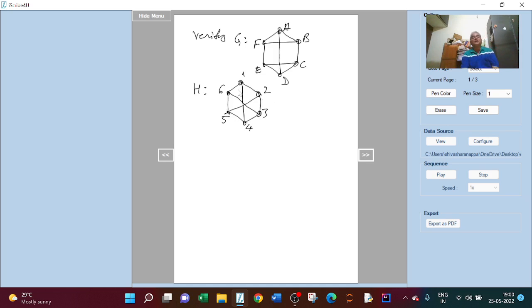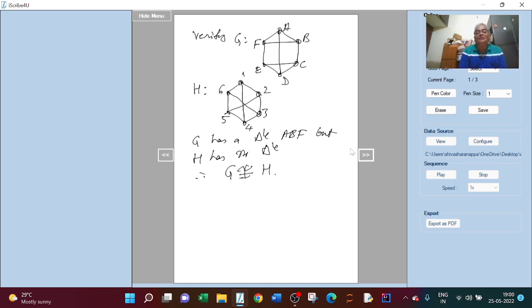This is one reason we can say that G is not isomorphic to H. So G has a triangle A, B, F, but H has no triangle. Therefore G is not isomorphic to H.